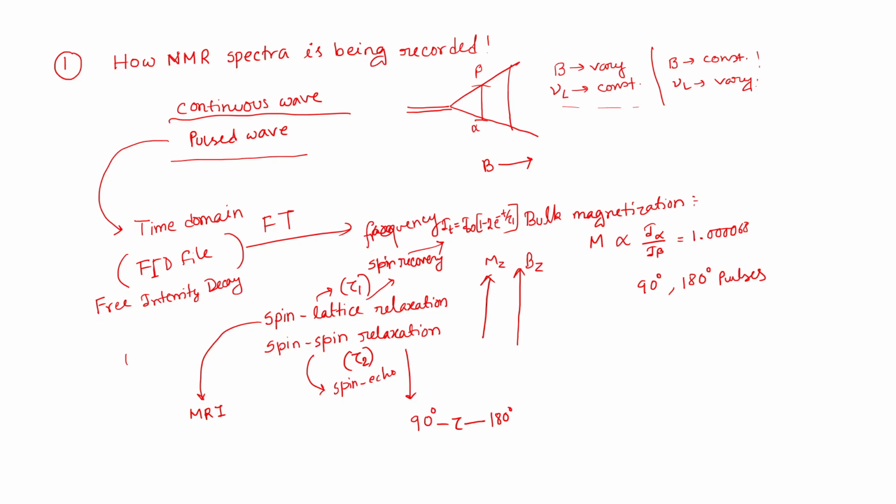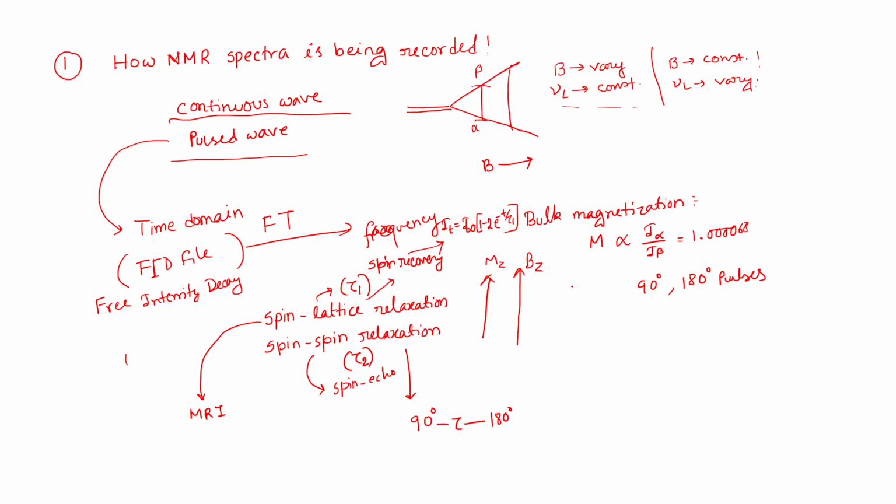Suppose they were split in time or in space, and then you put a 180-degree pulse in such a way that they will rotate, and now the difference will be gone.